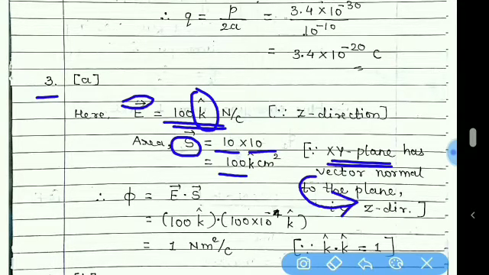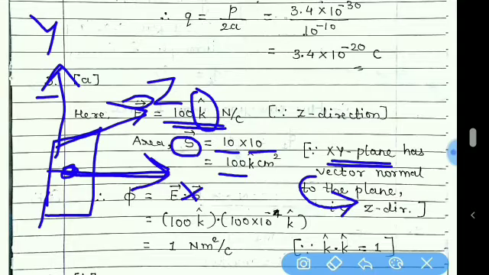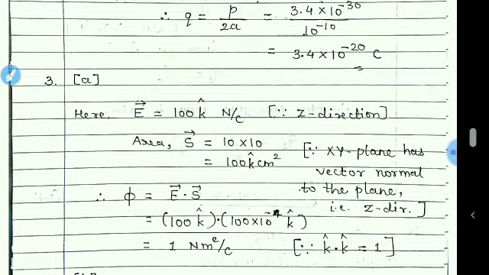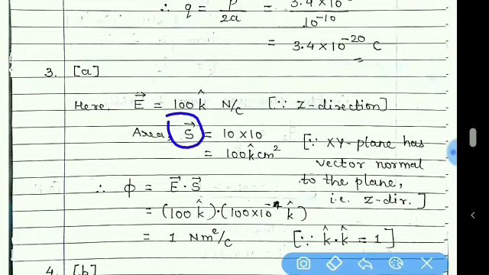You can see here, suppose this is the x-axis, and if this is a plane which is along the YZ direction, the area vector will be normal to it. So the direction of this area vector is along the x-axis, and that's why here the surface area in vector form has direction K, because it is along the Z direction.